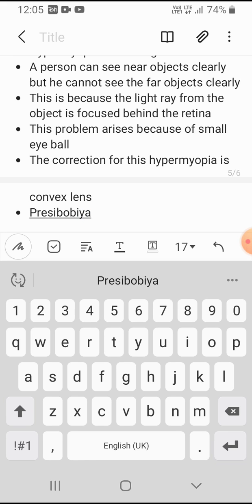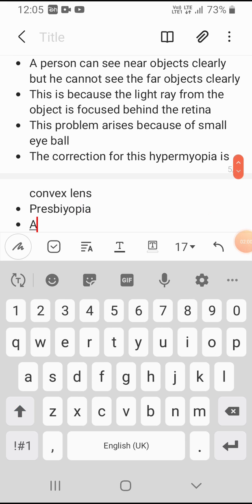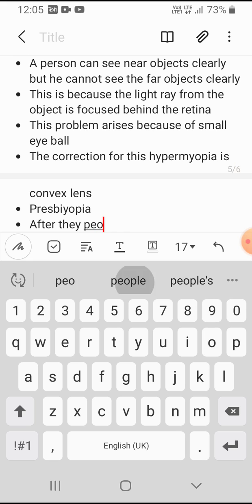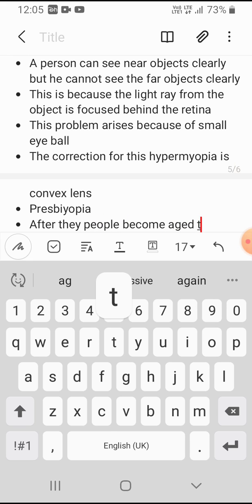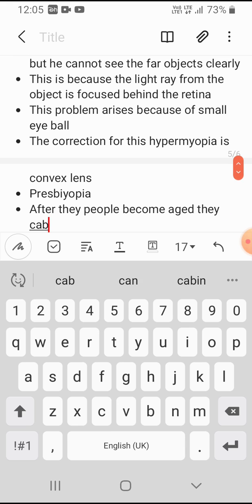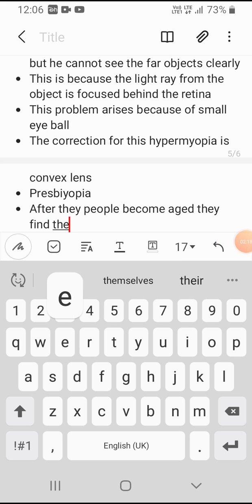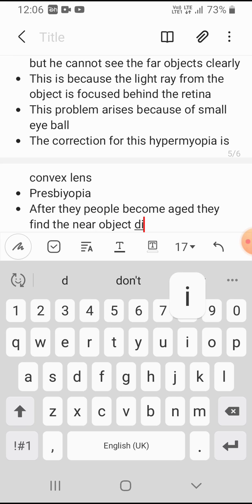presbyopia. After people become aged, they cannot see. After the age they find near objects difficult to see.